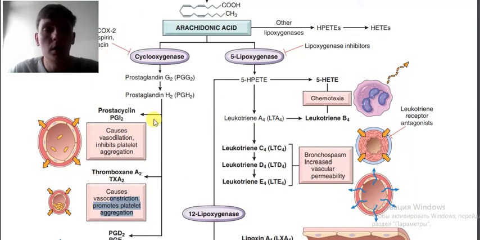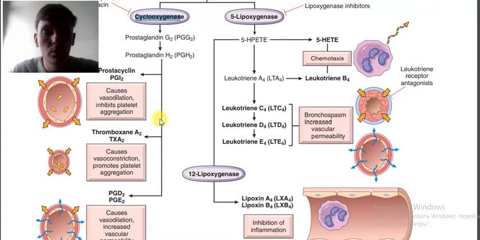So dampening of this pathway not only decreases inflammation, but also causes a loss of platelet aggregation. Thromboxane promotes platelet aggregation, but these drugs block this pathway, and that's why aggregation is decreased. This is how anti-aggregant drugs work.